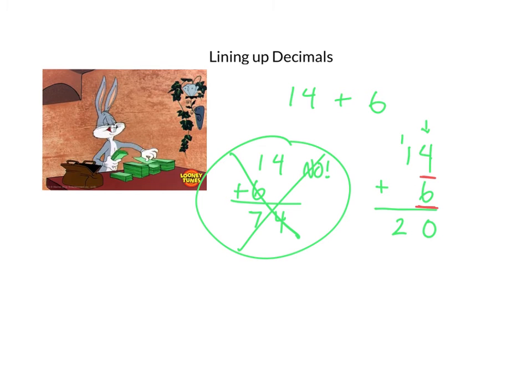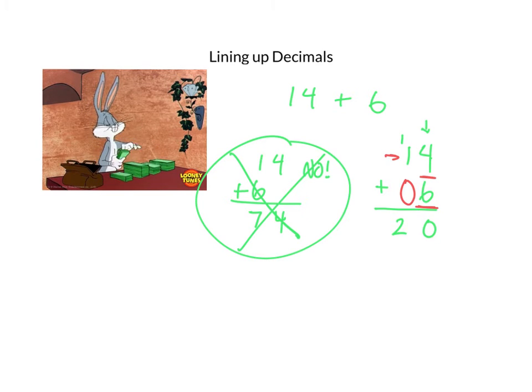And now this 1 here is in the tens place. Okay, so that's the tens place here. There is no tens place in 6, so we can actually annex zeros in the other direction too. We can put zeros in front of numbers, and it won't change the value.